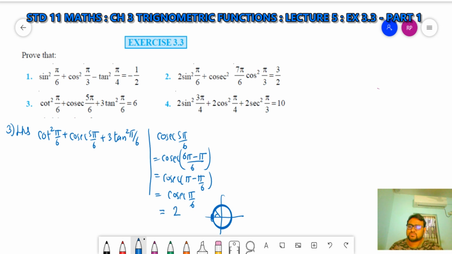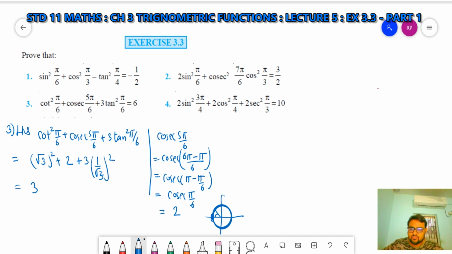Yeah. So now let's put the values. Cot square pi by 6: cot pi by 6 is cot 30, that is root 3. Cosec 5 pi by 6, that is 2. Tan square pi by 6: tan pi by 6 is 1 by root 3, and it's squared.